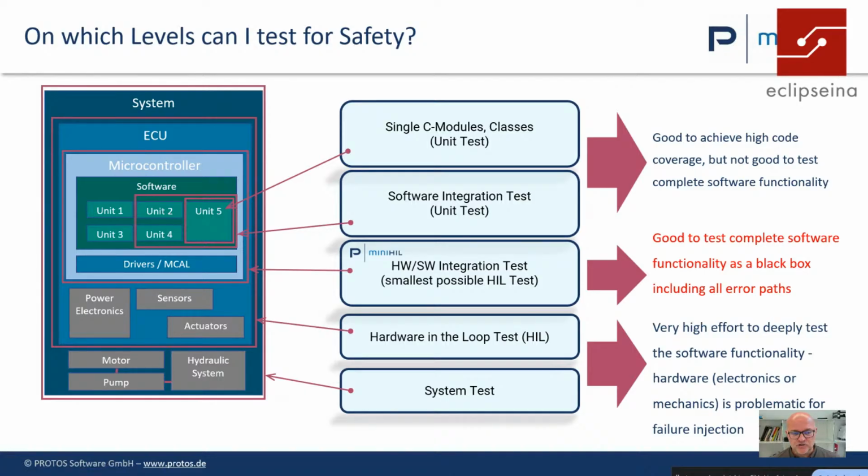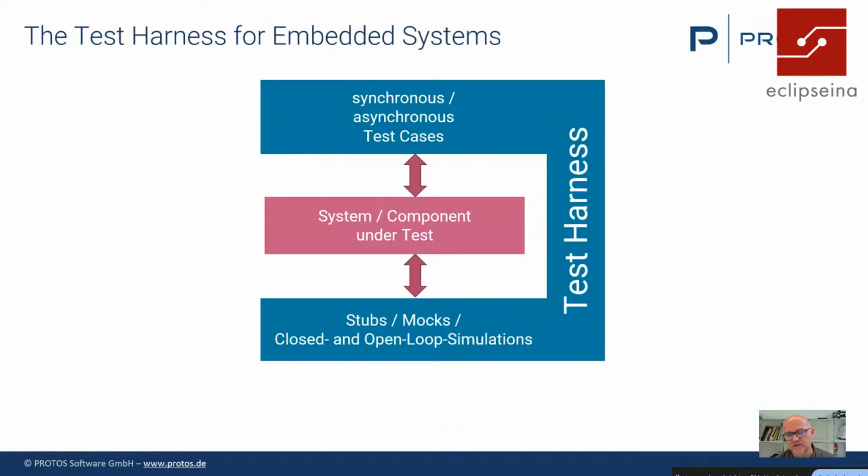You just attach the analog value to your microcontroller, and you simulate the temperature sensor by generating analog signals according to the temperature that is expected. By doing that, you can test all the error paths for your temperature sensor and for your complete application, or at least most of them. You never get 100%, but you get much more than with a unit test or with a big system test. So that's the basic idea here.